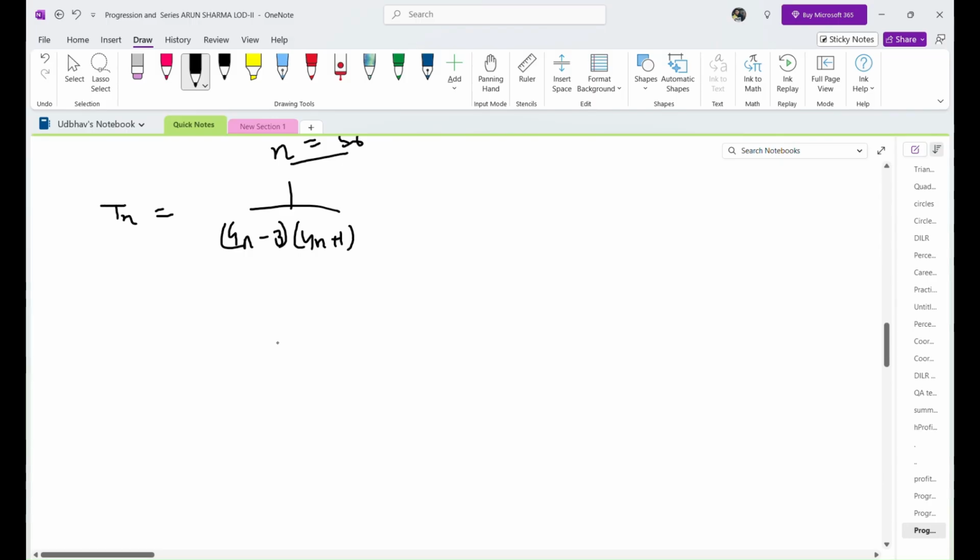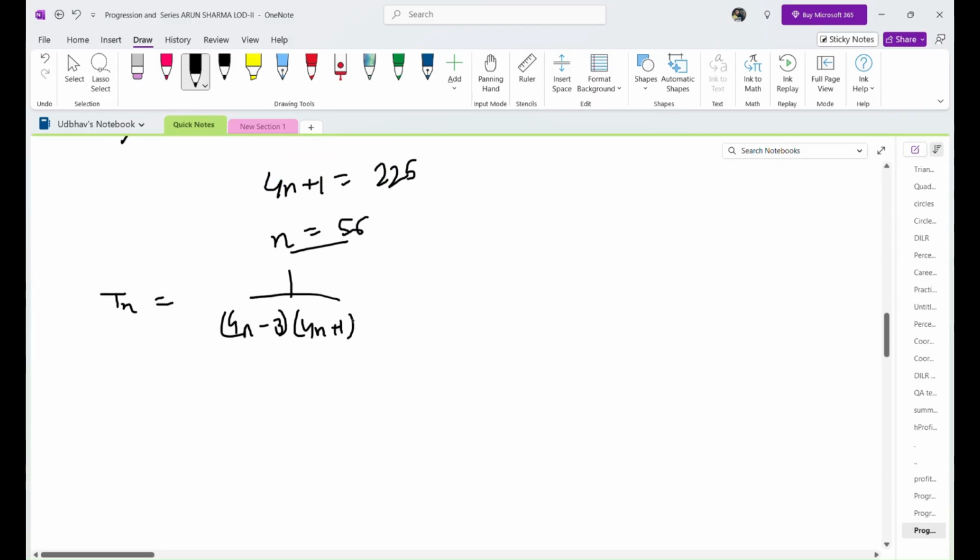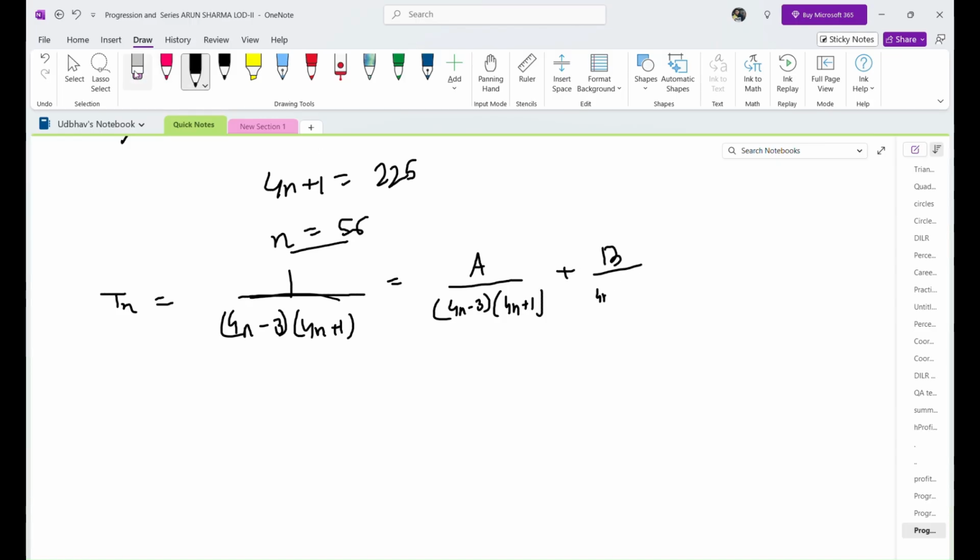Partial fraction is a kind of method to separate these fractions. We can write this as something which we don't know, which we have to find, upon 4n minus 3, plus something upon 4n plus 1.